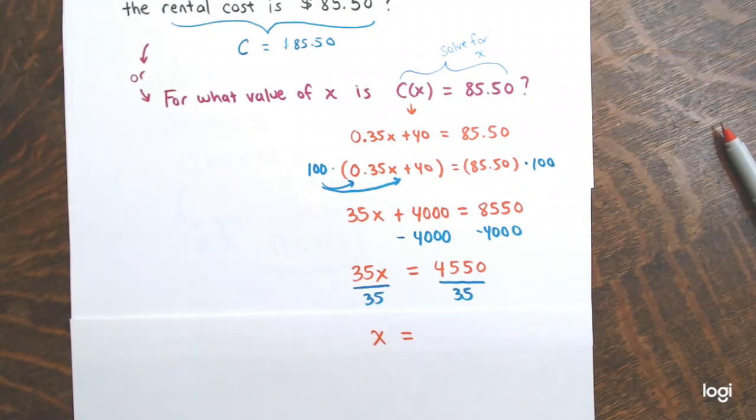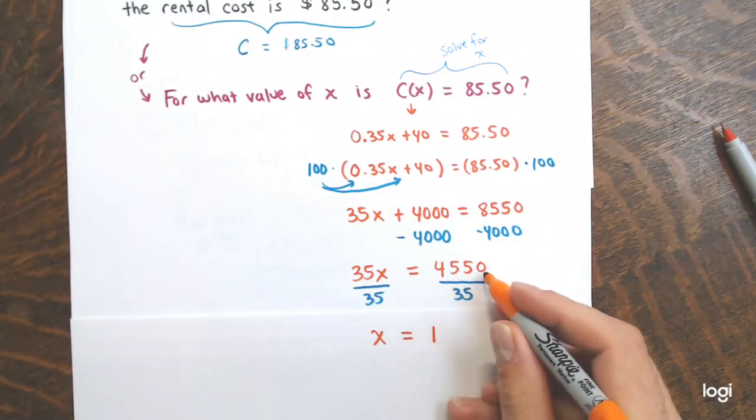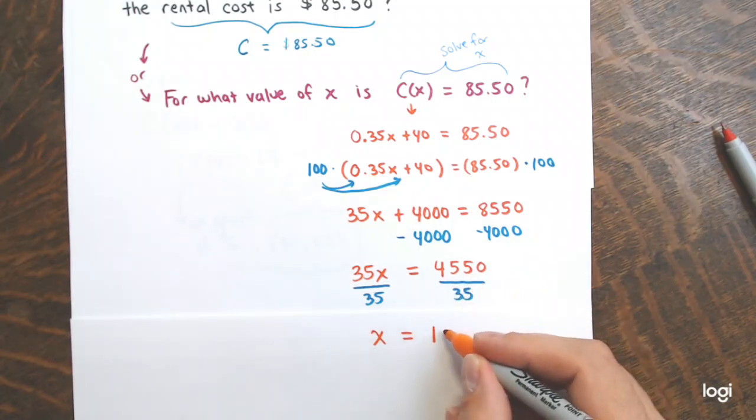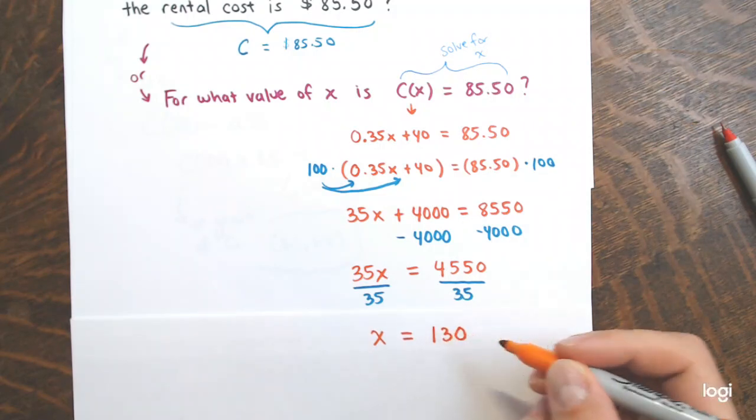But you could also punch that in the calculator. 4,550 divided by 35, and yes, like I said, 130. So 4,550, how many times does 35 go into that, divided by 35 is 130.